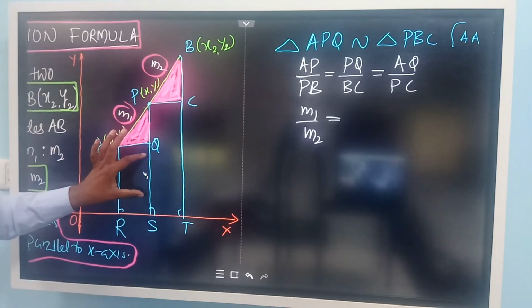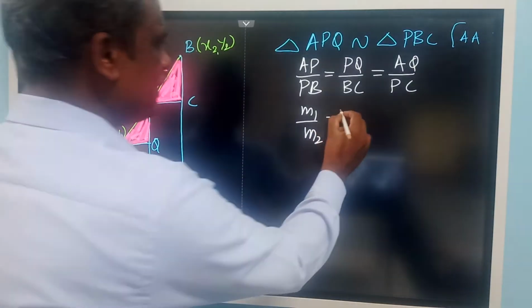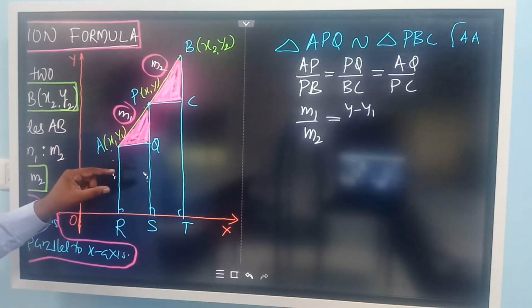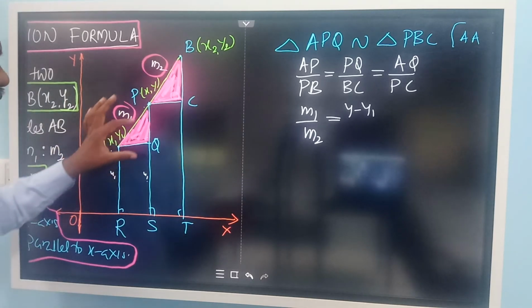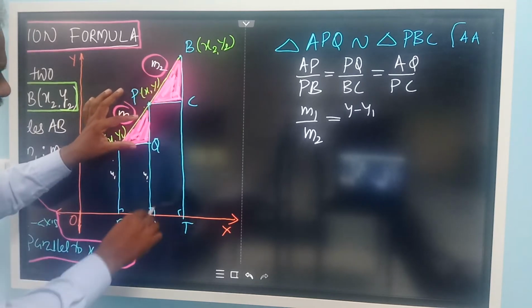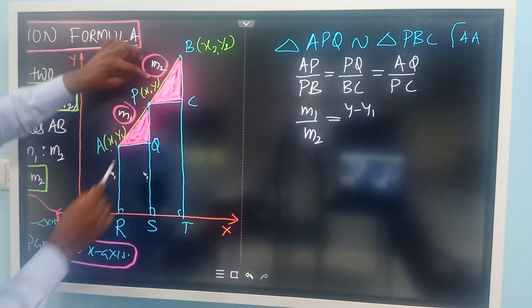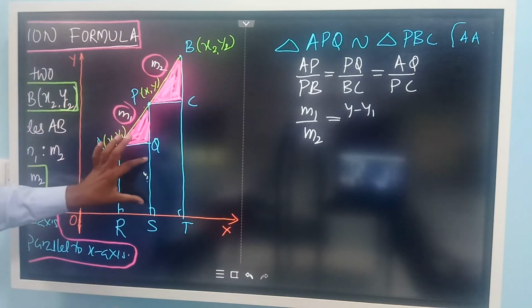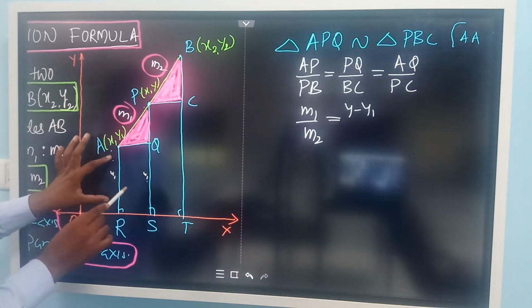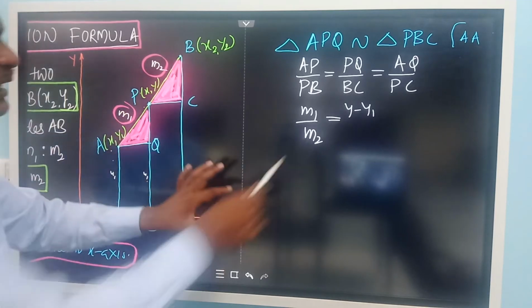Y minus this, y minus y1. So you can write PQ as y minus y1. Is it clear to all of you? PQ is the same as PS minus QS. PS is the vertical line y. QS is y1. So y minus y1. So that I have written.